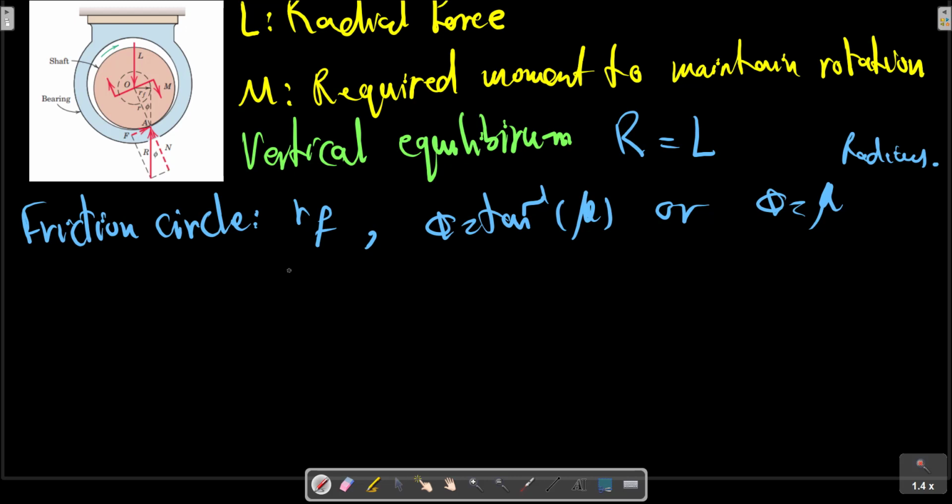Equating the sum of moments about A, the moment M can be calculated as L multiplied by R sin phi.